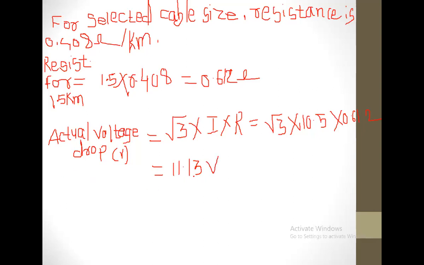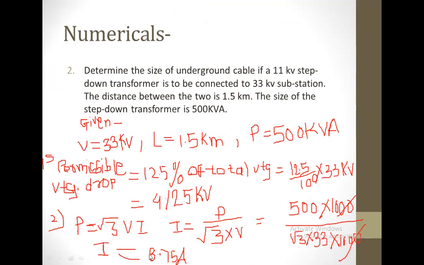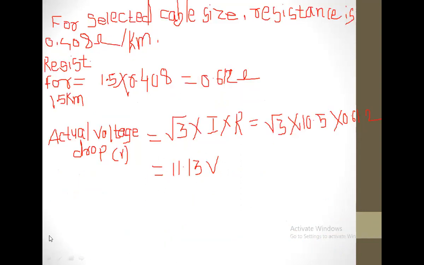This voltage drop is falling within the permissible limit. Our permissible limit voltages came in kilovolts. So this voltage drop is falling within the permissible limit, so we can select the above conductor size.